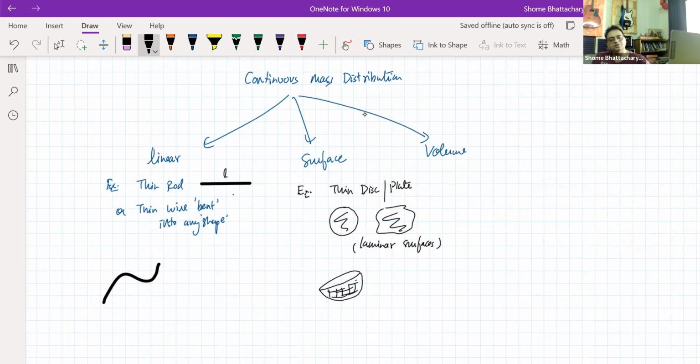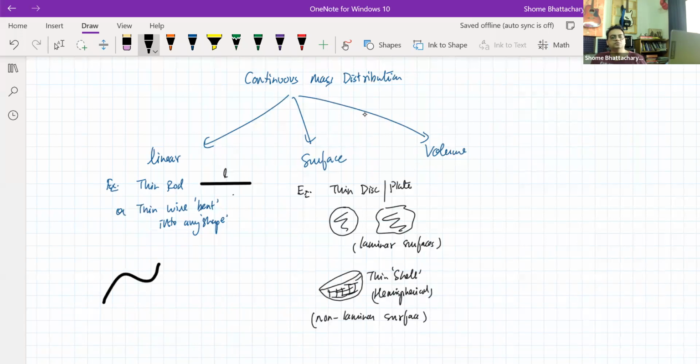This is a three-dimensional surface. It's non-laminar. So this is a thin shell, say hemispherical. That's also an example of a non-laminar surface. Laminar is two-dimensional and non-laminar is something which is not lying on a two-dimensional plane.